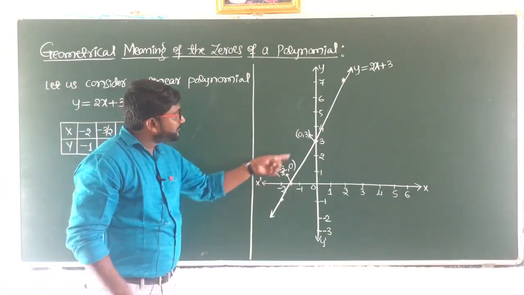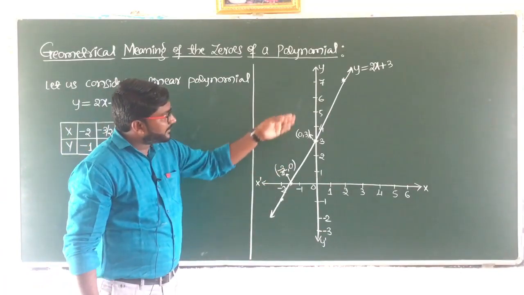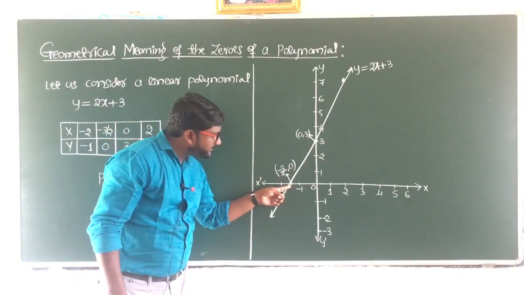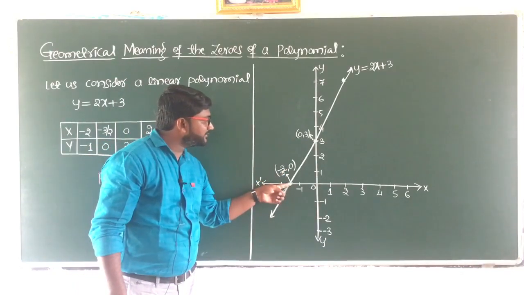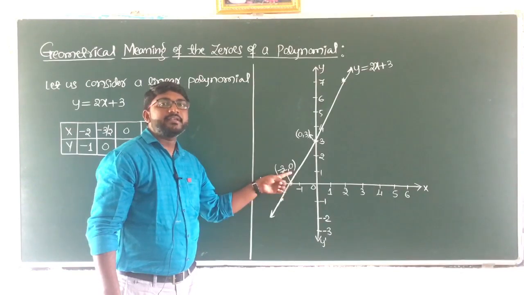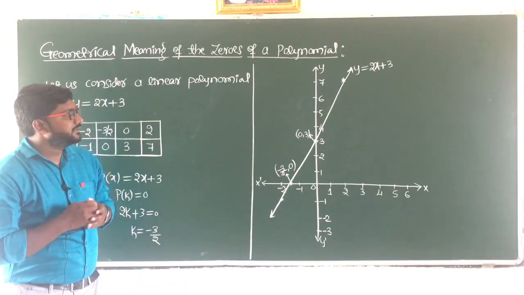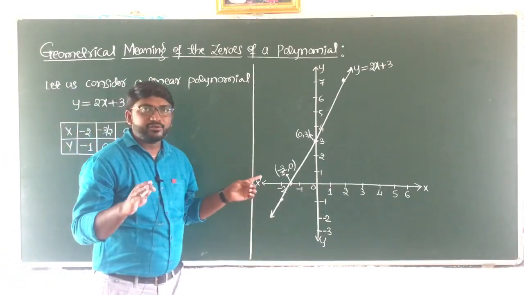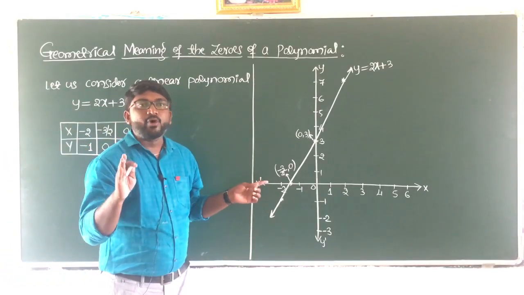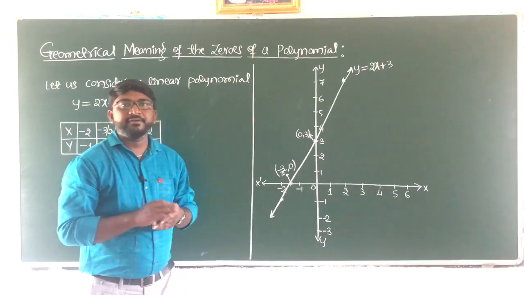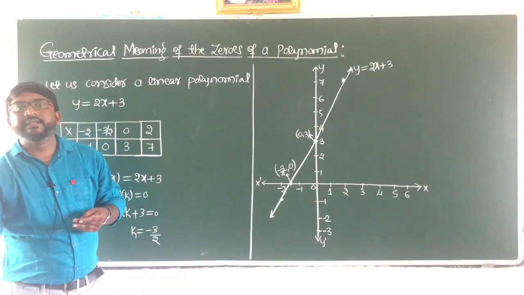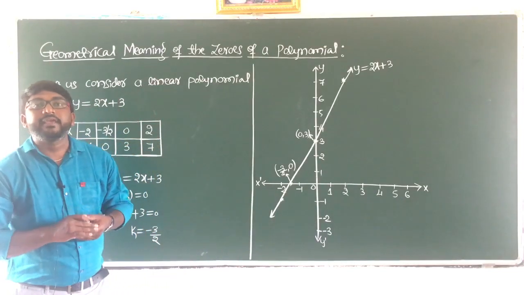So here this straight line, this graph, intersects the x axis at minus 3 by 2 comma 0. That means the geometrical meaning of the linear polynomial is that the 0 of the linear polynomial is nothing but the x coordinate of the point where the line or the graph intersects the x axis.